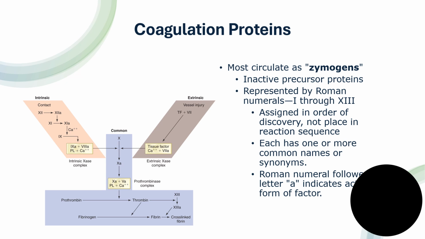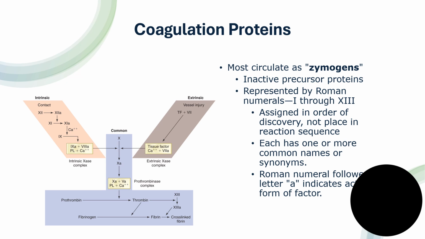The traditional cascade is pictured on the left, where you see the intrinsic pathway proteins that include factors 12, 11, 9, and 8. The extrinsic factors include tissue factor and factor 7.